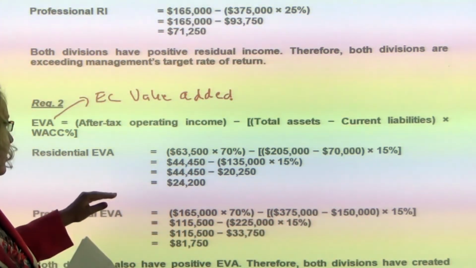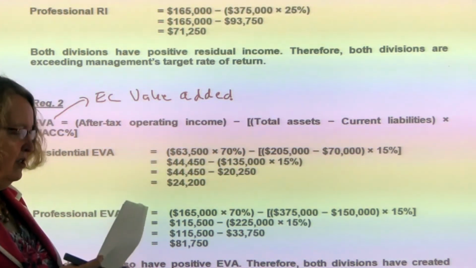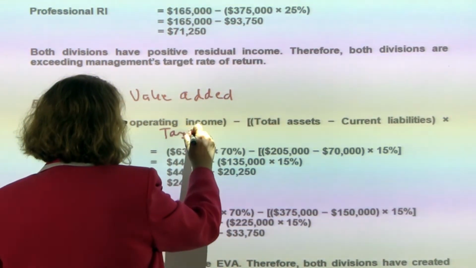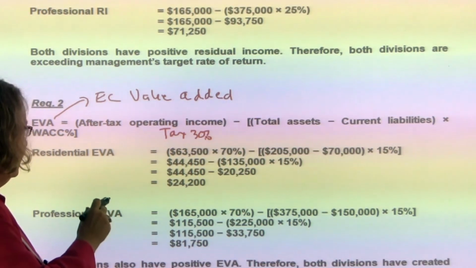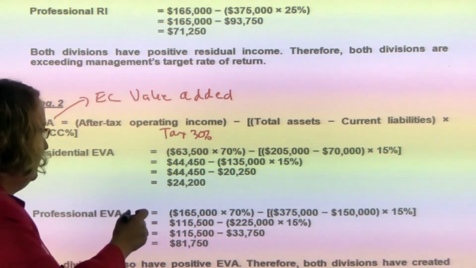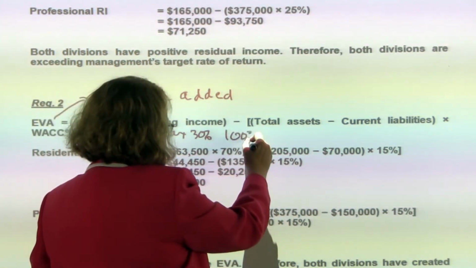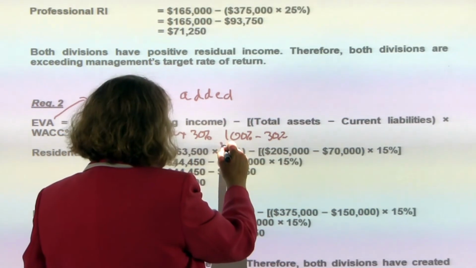for the residential division, you're going to take your after-tax operating income. So you're told that your tax rate is 30%. So therefore, what you're going to do is say your after-tax operating income is the difference. So it's the 100 minus your 30, and that's where the 70 is coming from.